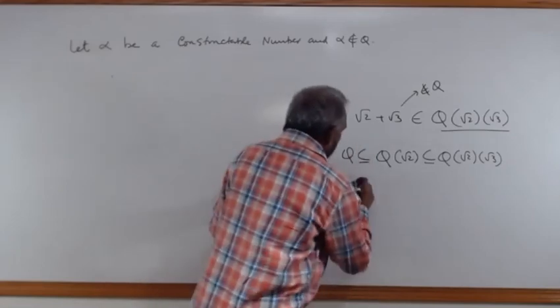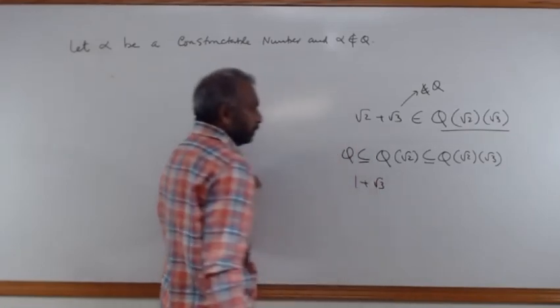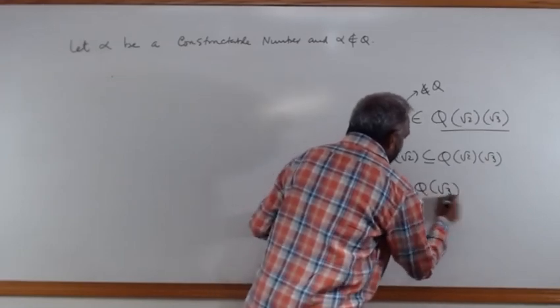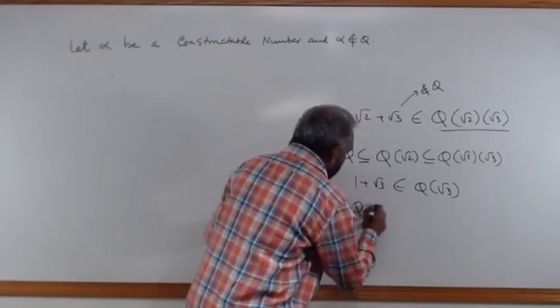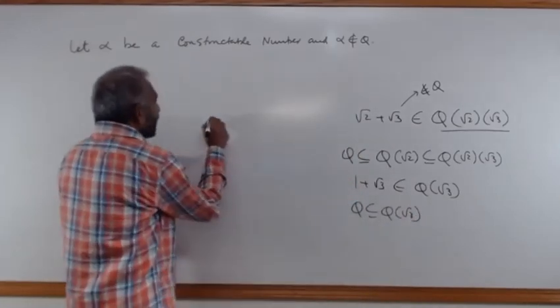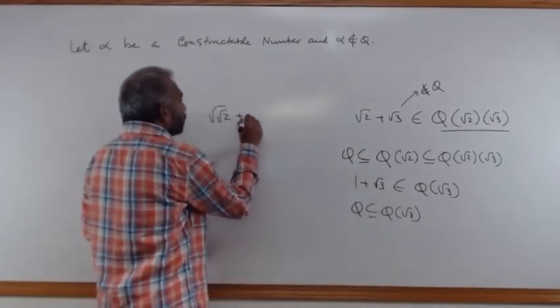So if it is actually 1 plus root 3, then this belongs to Q of root 3. Let us take another one, Q of root of 3 plus root 3.